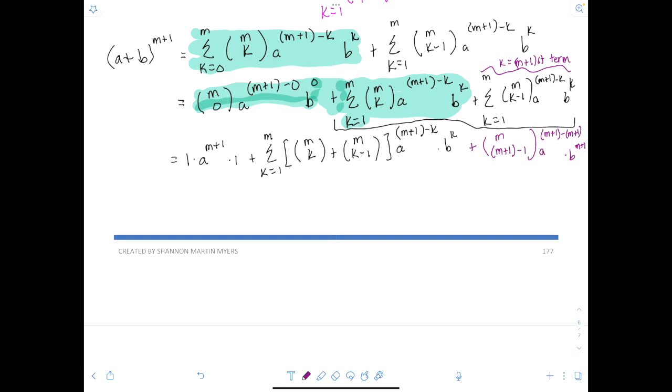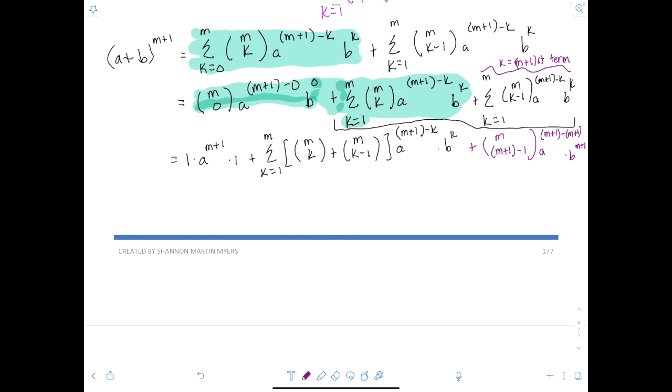Those are all in for k on that m plus first term. So we took out that 0th term, and now we have to take out the m plus first term because that summation is only going to go to m, right?